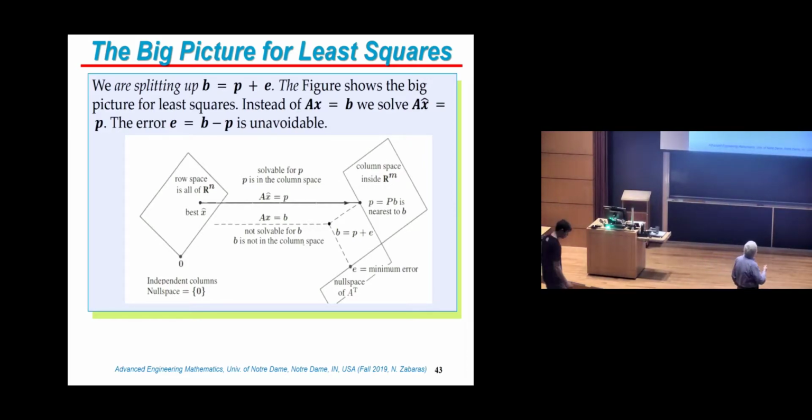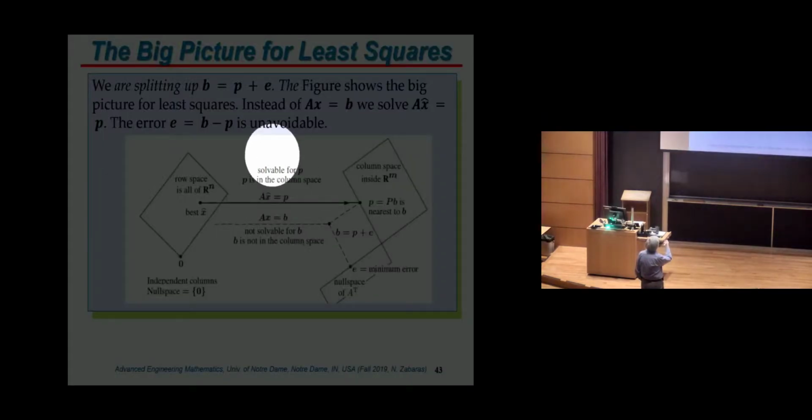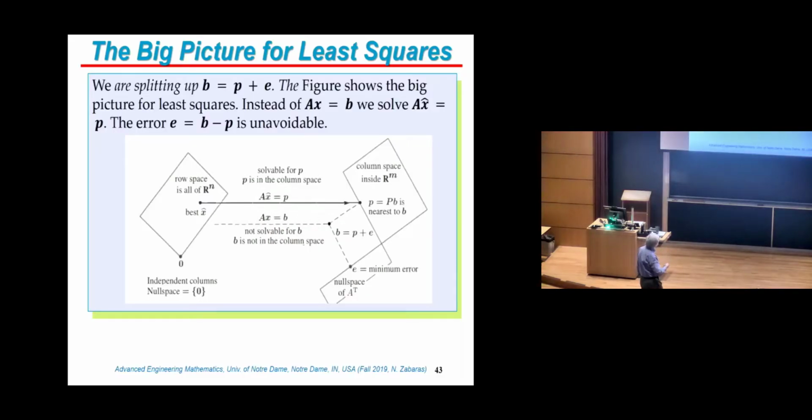Okay, so let's look now at the big picture with all the subspaces the way we have looked at in several of the earlier lectures. So we're trying to solve AX equal to B, and this problem is not solvable because B is not in the column space.